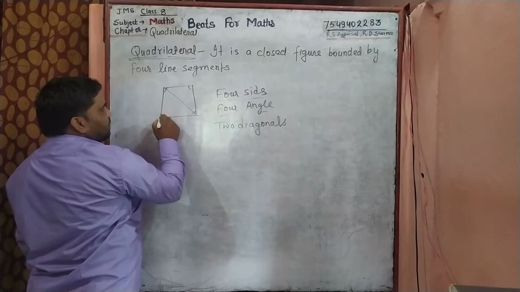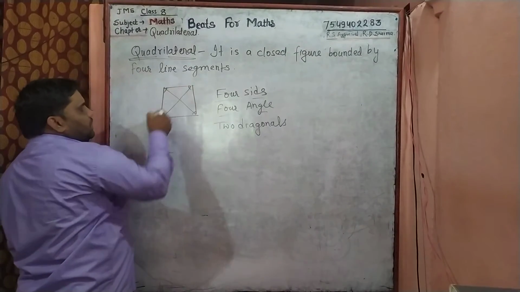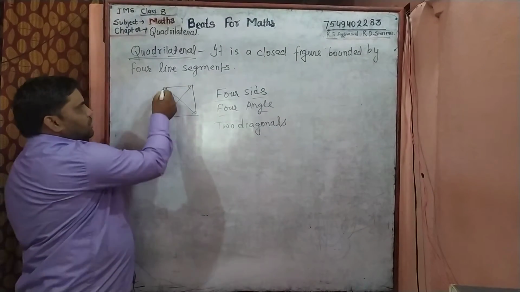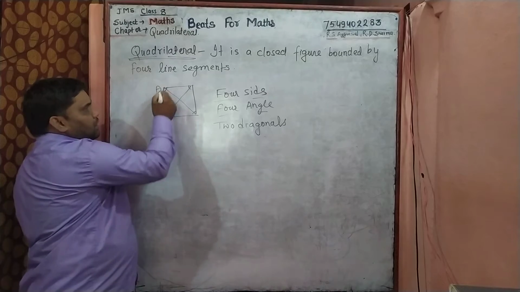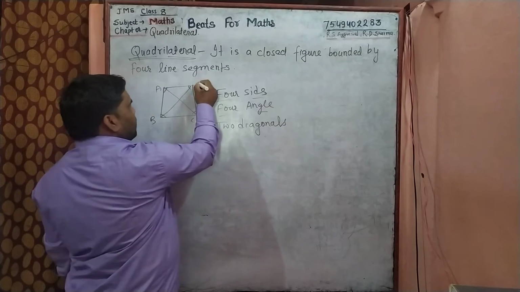When you join opposite vertices, this line segment is a diagonal.